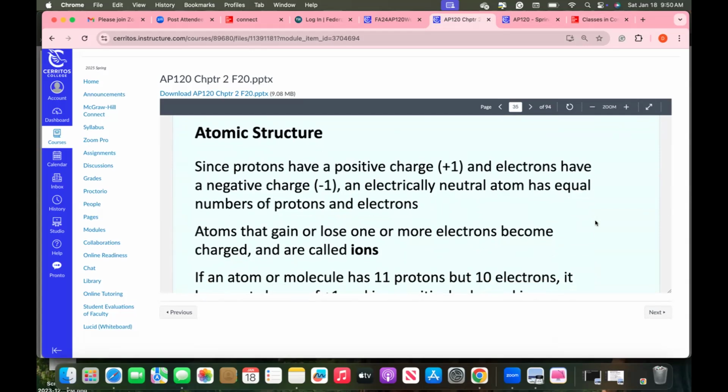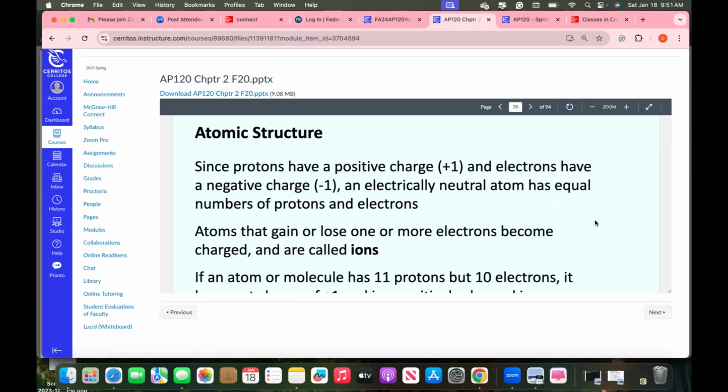If atoms gain or lose one or more electrons, they become charged and are called ions. So an ion is an atom that's charged, an atom that's not neutral. You could have a positive ion, called a cation, or a negatively charged ion called an anion. We'll get to that.